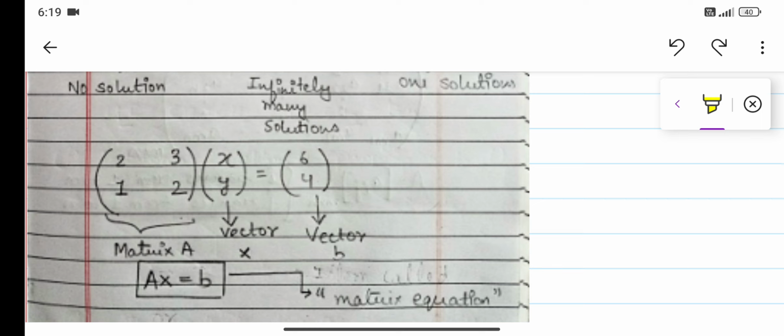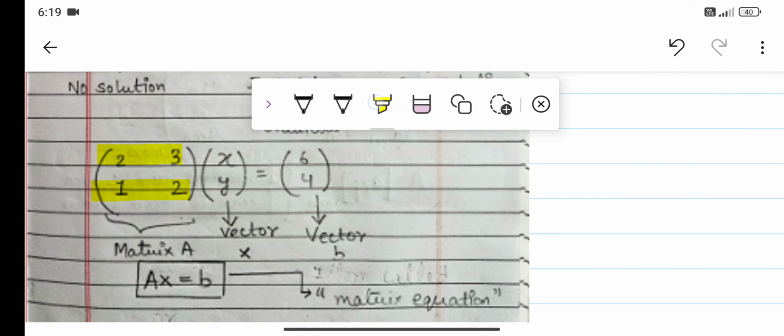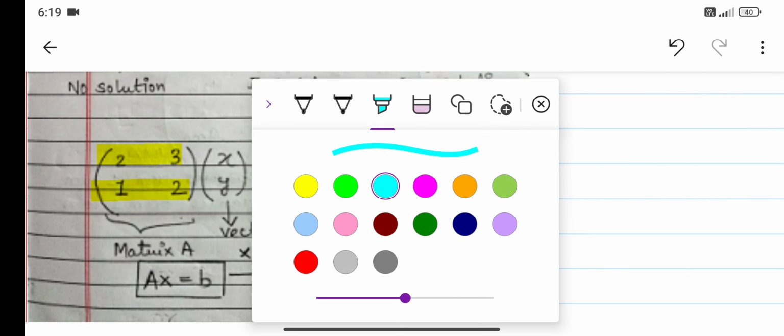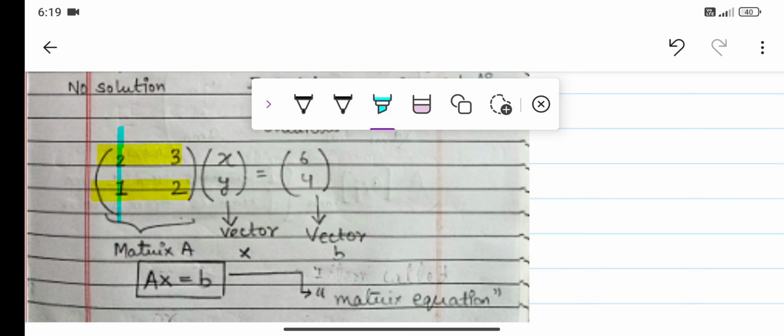So look here. I'm taking the same example that we have solved by the elimination method to give you the idea of what a matrix is, and then we will create a general representation of a matrix. So I have created a matrix of two rows and two columns. This is the first row, this is the second row, and this is the first column, this is the second column, right?